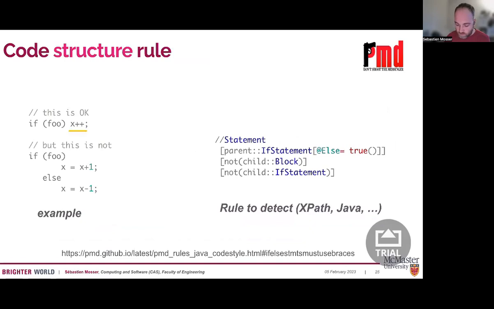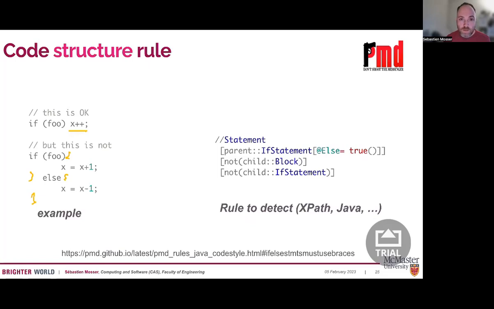It is tolerated because it gives you a one-liner, so that is okay. But as long as you're using an else statement, then you should have those brackets, because that's convention. Maybe you find it stupid, but that's how it's supposed to be in Java. So this code is basically not good.